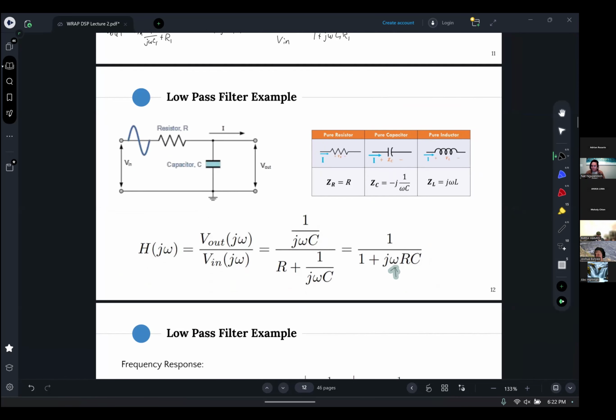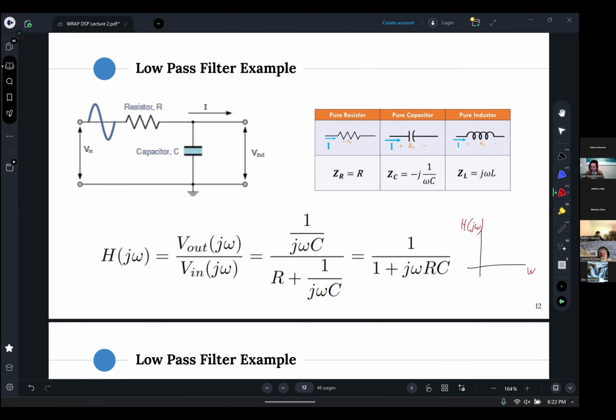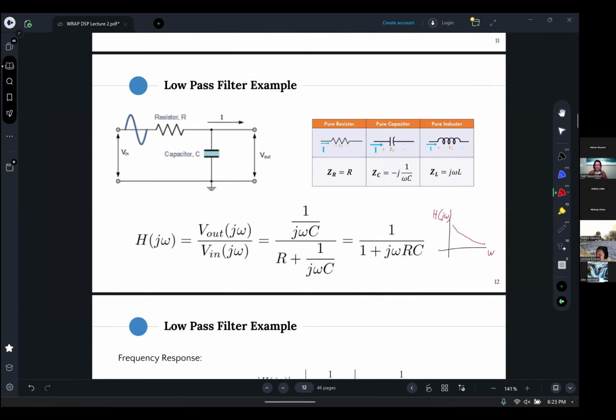So, I don't have it memorized, but if omega increases, then the gain, or the ratio between V out and V in, is going to decrease. And that is what makes this a low pass filter, because the lower frequencies are allowed to pass much more easily, whereas the higher frequencies are attenuated.